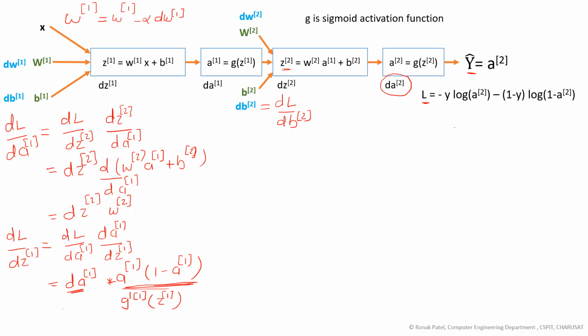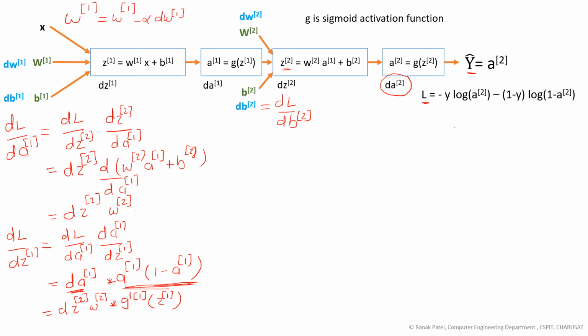So in this calculation, what you observe is, if you omit this term dl upon da1, and you don't perform this calculation and directly perform dl upon dz1, that is fine, because you will get this value directly, dz2 into w2, where we have dz2 here and w2, and this is just the derivative of the activation function.